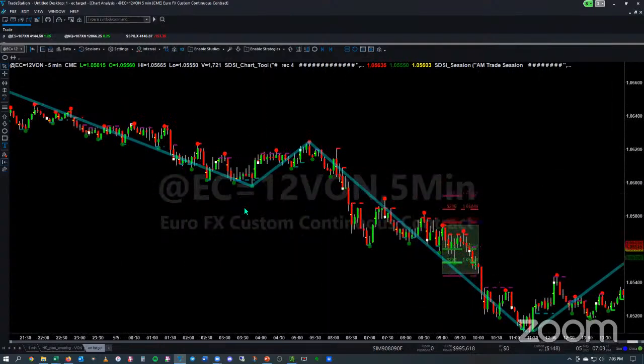So you can see here that this impulse move right here broke this swing low. So using the impulse move, again, I would have gone short and I would have made the $100 with this trade.